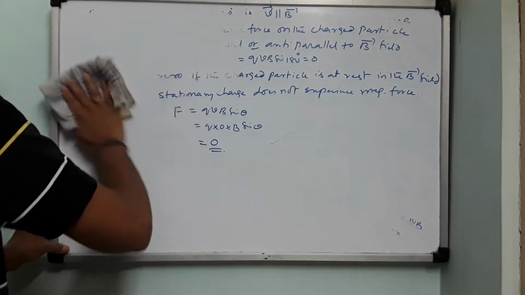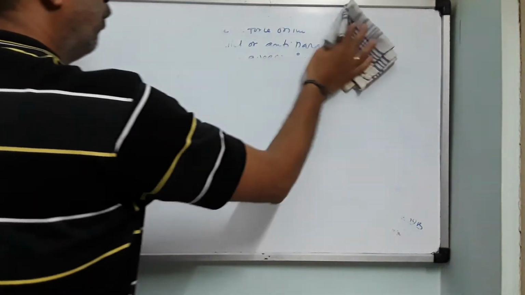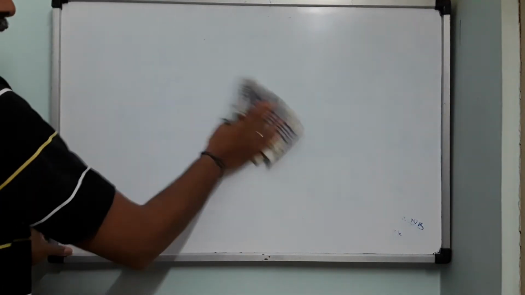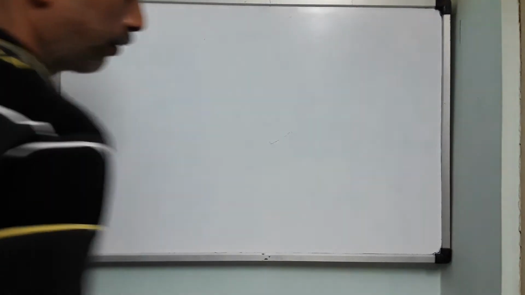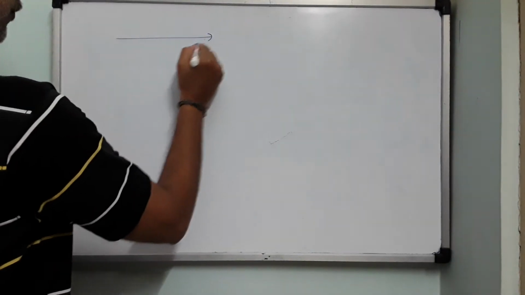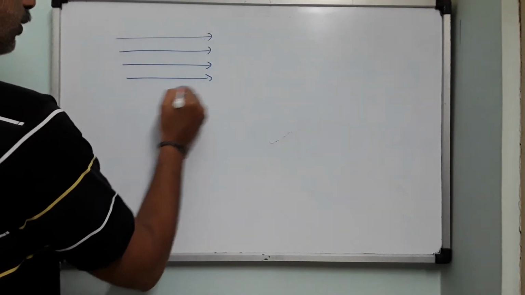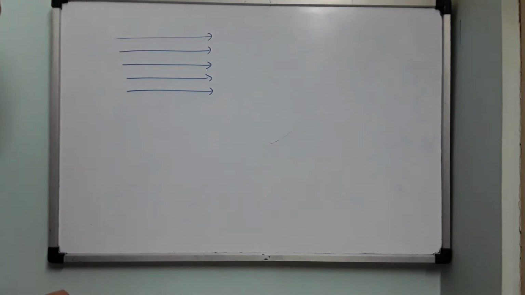For example, we have a field here in the plane of the board. So I am creating this uniform magnetic field in the plane of the board. Can you tell me how I can create this uniform magnetic field?